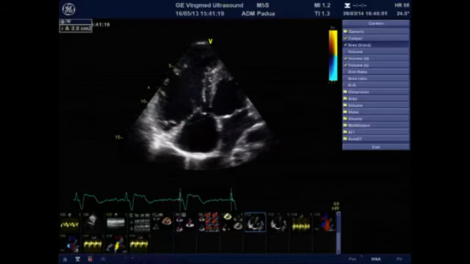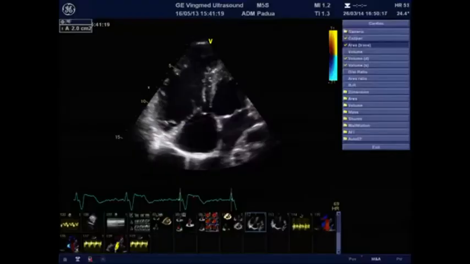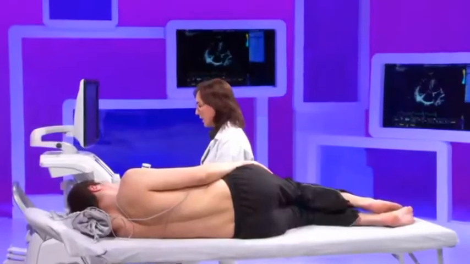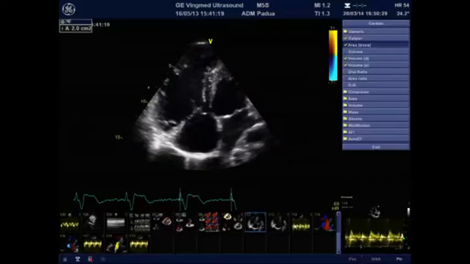Here it's 2 centimeters square. When this area is larger than 1.7, it is a very good predictor of recurrent tricuspid regurgitation if the patient would go to surgery. So this is also a prognostic marker in terms of postoperative outcome, and should be done in every patient that will be subjected to cardiac surgery.